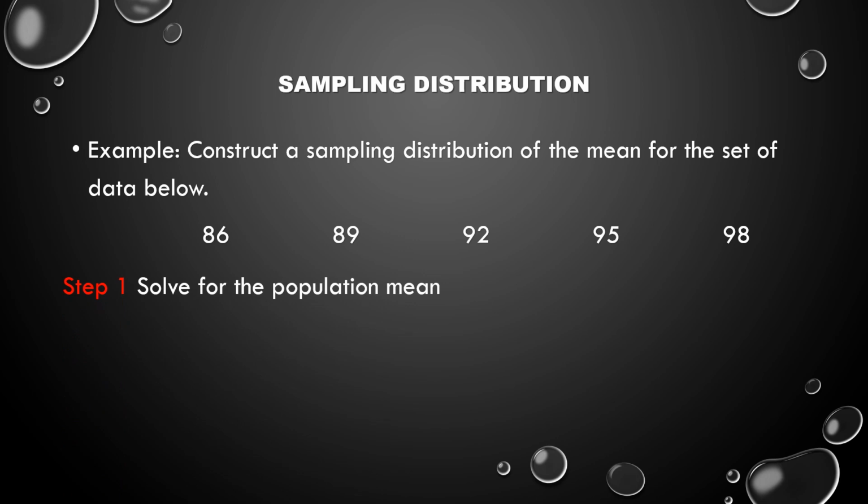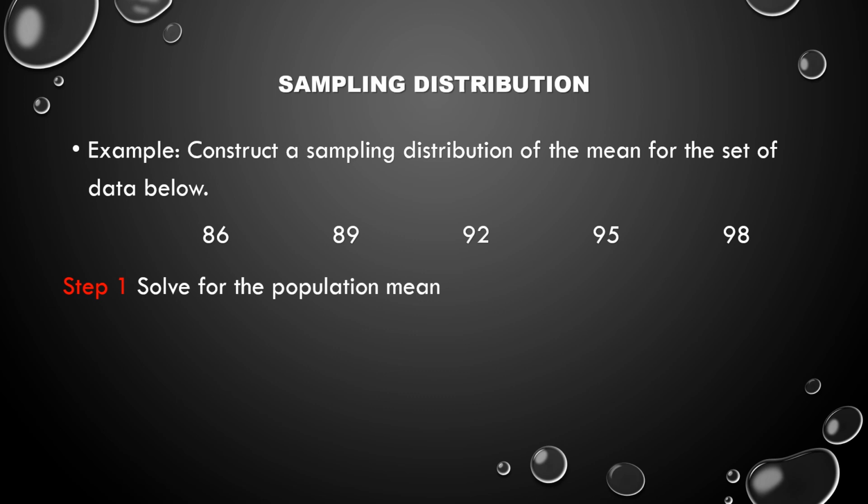First, we solve for the population mean. Why do we need to solve for the population mean? We want to estimate the mean for the entire population, so that later on, once we do our distribution, the sample means will be more likely concentrated around that value, which is our population mean.